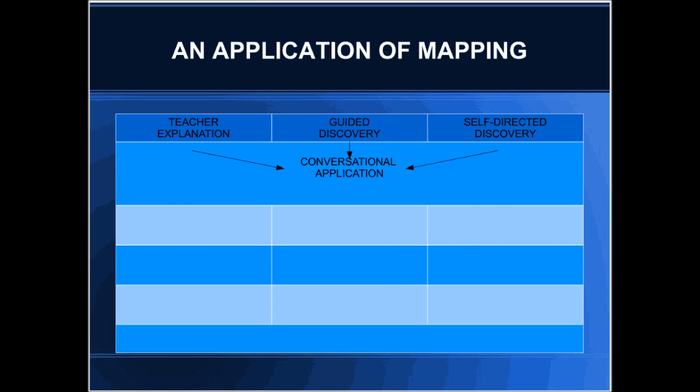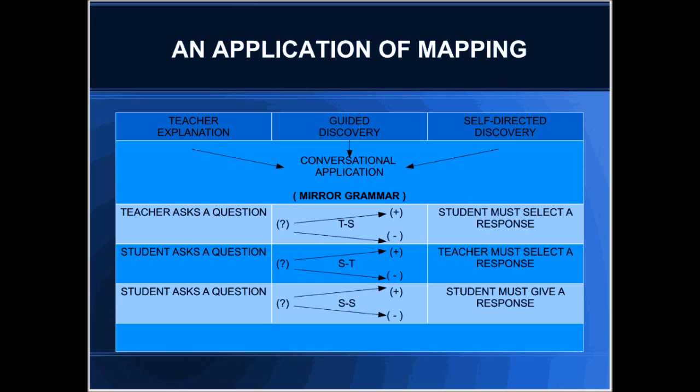And one way of developing the conversational element in an application of mapping is through mirror grammar. This is the basic concept that a question is giving you the answer already. In other words, once you have met the structure and it has been introduced or taught, when you are given a question, you are essentially given everything you need to respond with a grammatically correct answer.